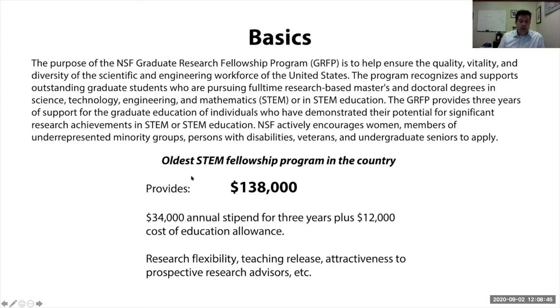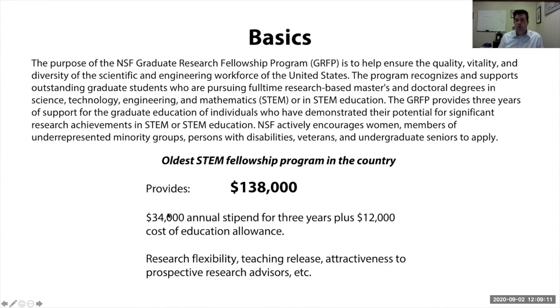Now, what the fellowship, if awarded, will provide you is $138,000. That breaks down into an annual stipend of $34,000, which is larger than many graduate programs across the country, not all, depending on the location and the cost of living in those areas. But this is a very nice stipend for a PhD graduate student.